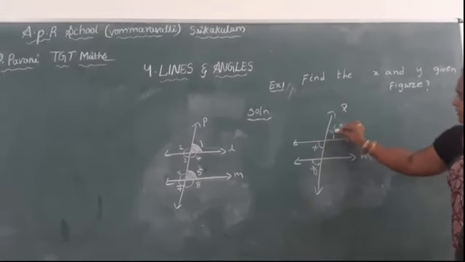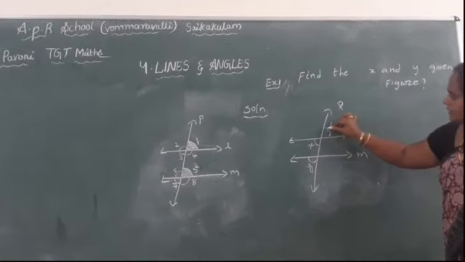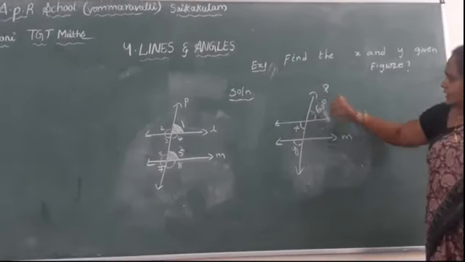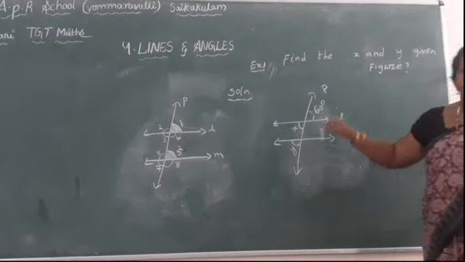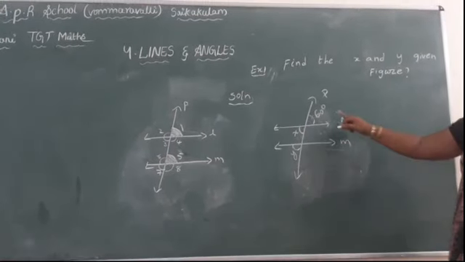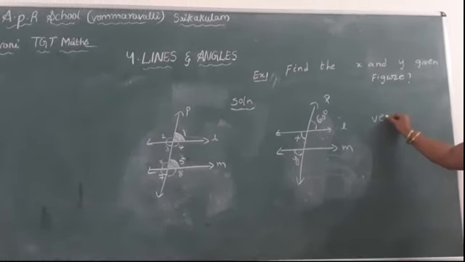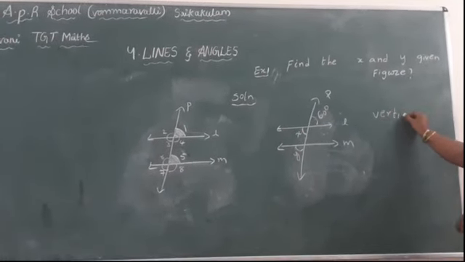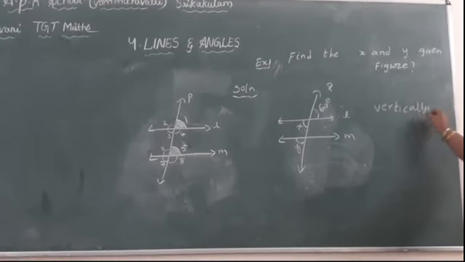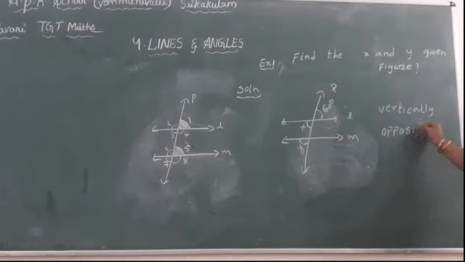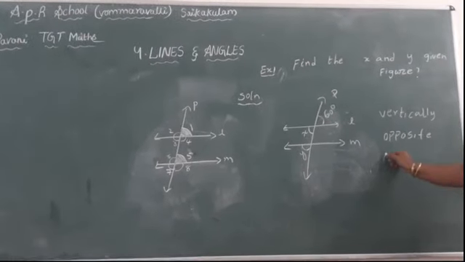X is vertically opposite to 60 degrees. We know that vertically opposite angles are equal.